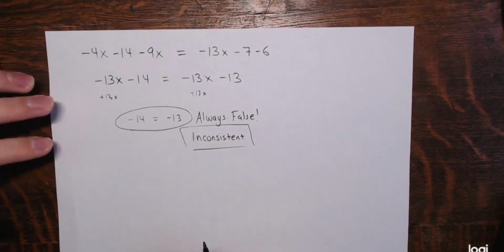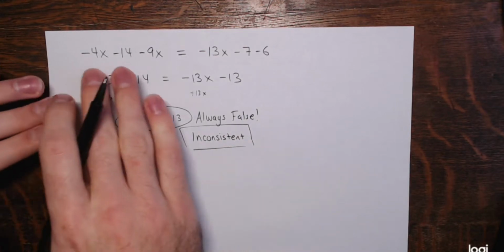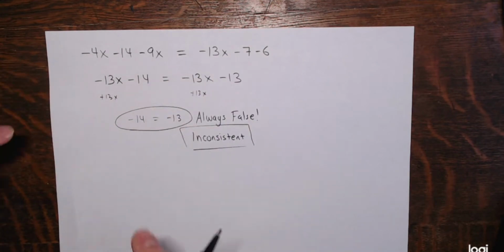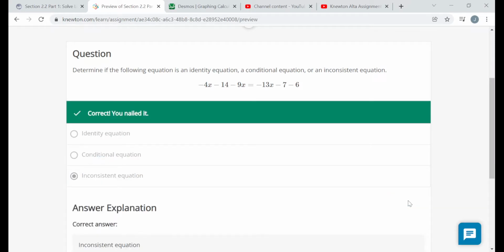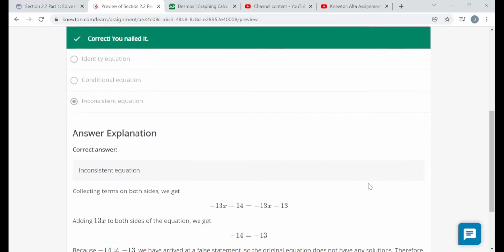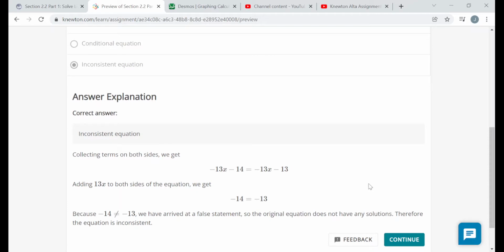This equation has no solution. You couldn't replace x with any number and make this a true statement. It will always be false. So inconsistent equation, I mark off that choice, hit submit, and correct. And again, please read through the answer explanations. All right. Next question.